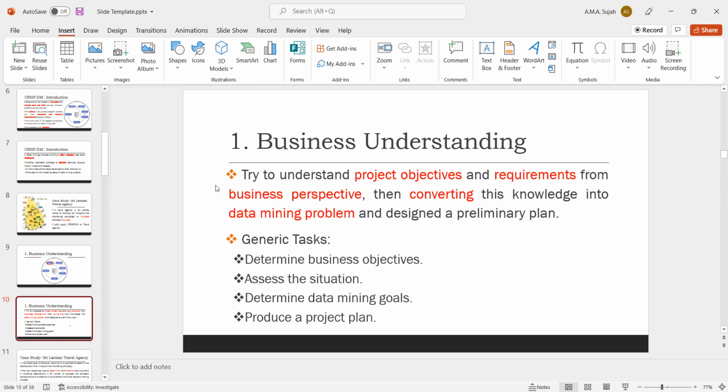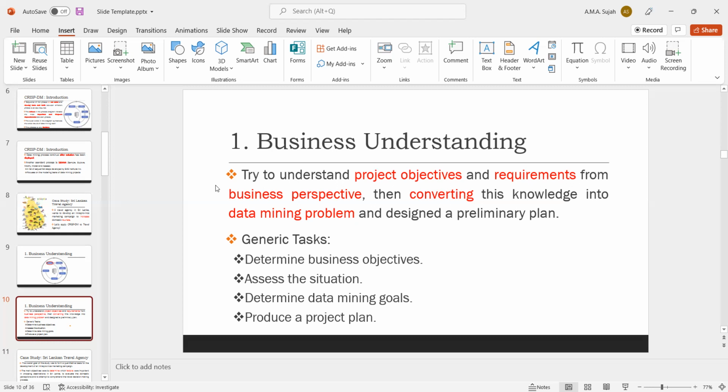So as a tourist agent, they are trying to cluster their customers based on their interest. So as a business understanding, you must get a good idea about the different factors influencing the interest of the tourist.